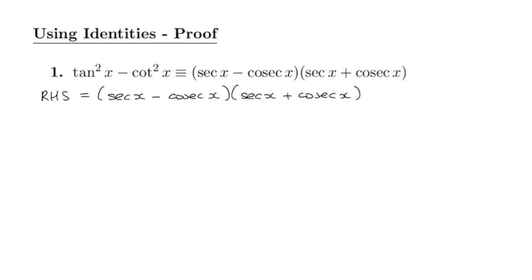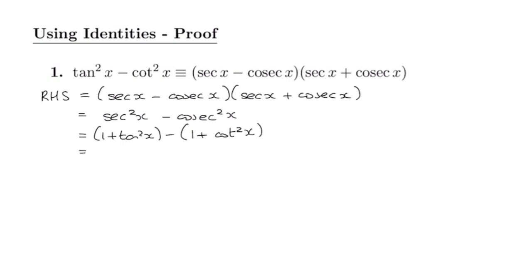Now what you should notice there is that is a conjugate pair of brackets. So when you multiply that out, you're going to get sec squared x minus cosec squared x. Now you notice that you can multiply that out straight away. Right, now the sec squared x we can replace by 1 plus tan squared x, or tan squared x plus 1, and the cosec squared x is 1 plus cot squared x.